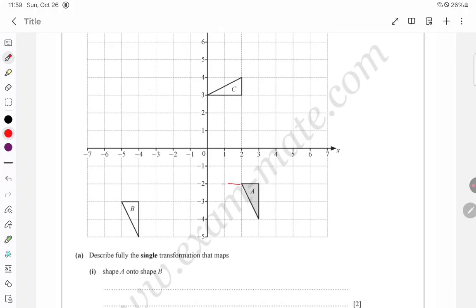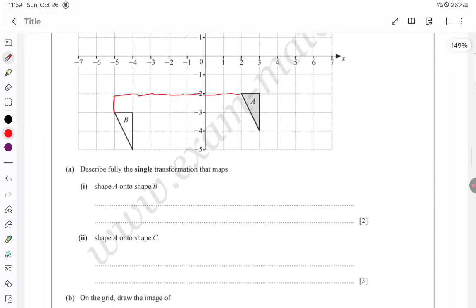For the x-axis, 1, 2, 3, 4, 5, 6, 7, and for y, 1, because we are moving 7 to the left-hand side and 1 downwards. We can say the translation is negative 7 for the x-axis and negative 1 for the y-axis.